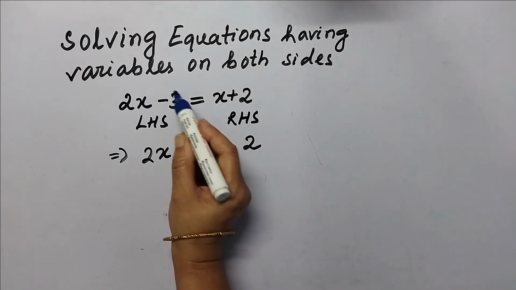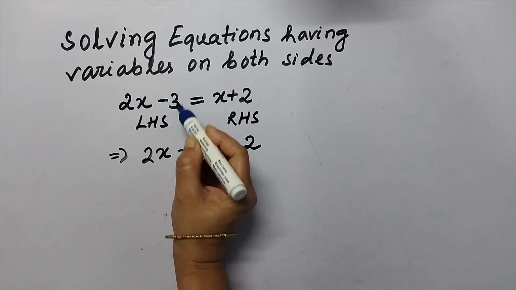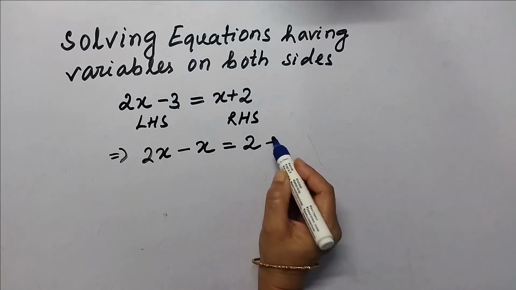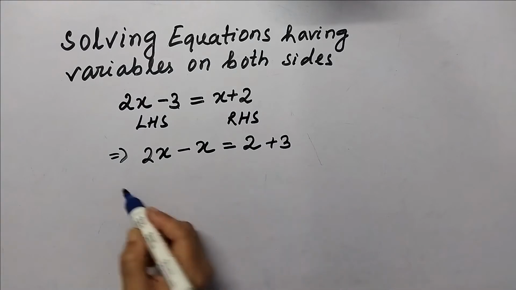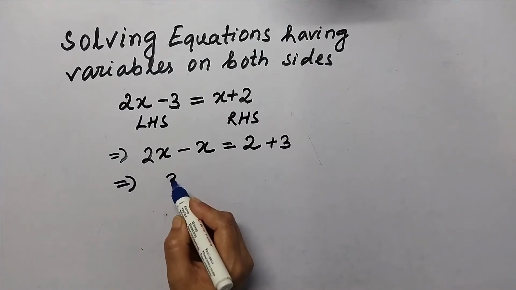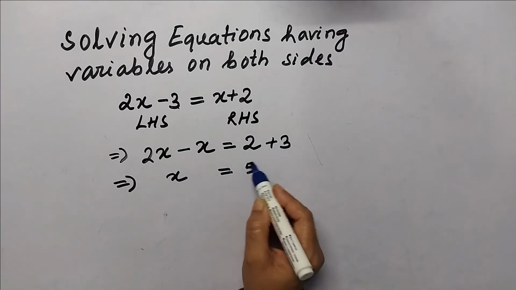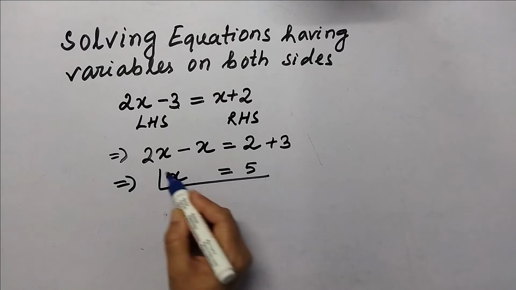When we transpose negative 3, not only 3, it is negative 3, it becomes positive 3 on this side. Now it is simple. 2x minus x, that is x, equal to 2 plus 3, which is 5. So this is the solution of this equation.